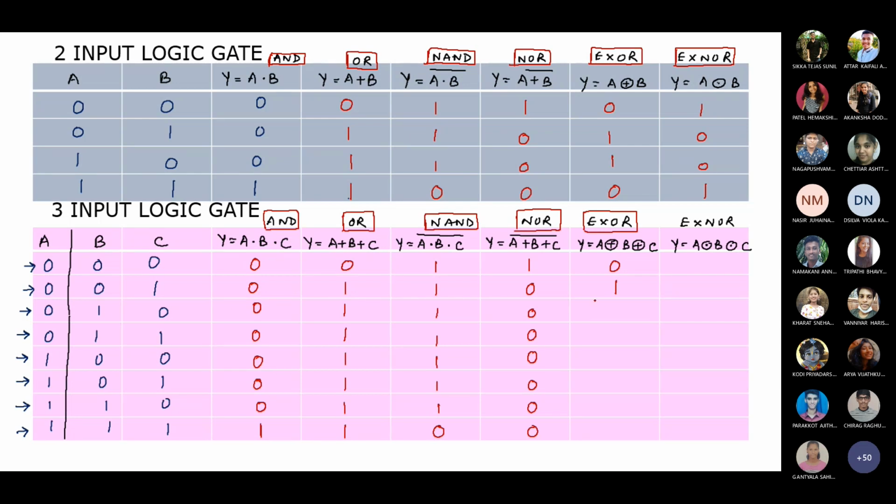Then 0 1 0 में single input is high, output is high. 0 1 1 में two inputs are high, output is 0. 1 0 0 में single input is high, output is high. 1 0 1 में two inputs are high, output is 0. 1 1 0, two inputs again are high, output is 0. And 1 1 1, three inputs are high, so output is 1.